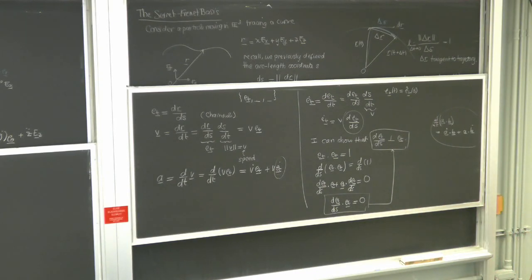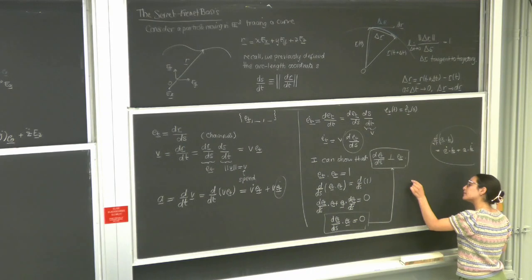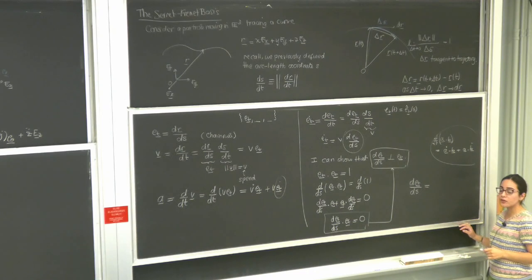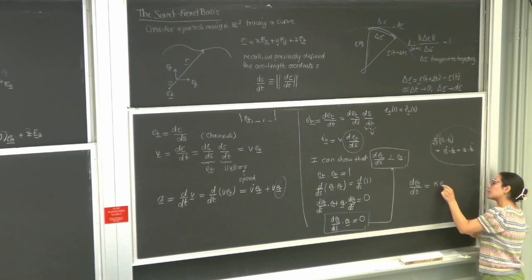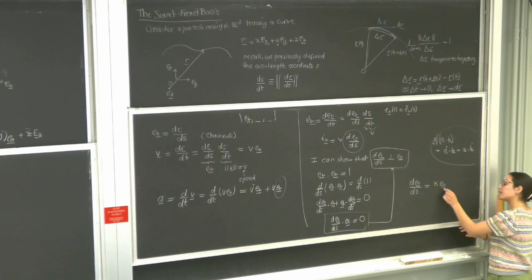That's great. Any questions? Cool. So we're going to define that vector de_t by ds is some vector kappa e_n. Okay? Where e_n is a unit vector.